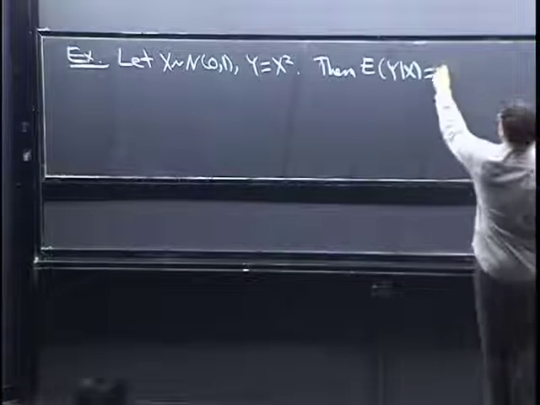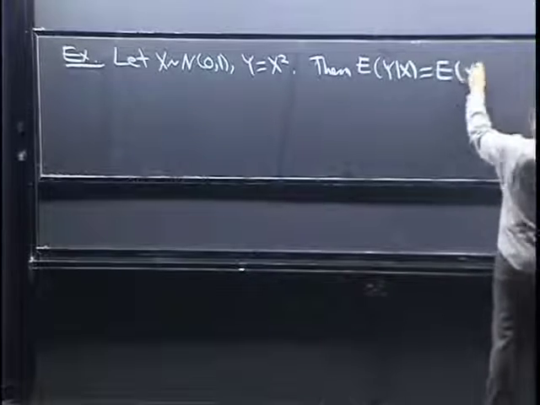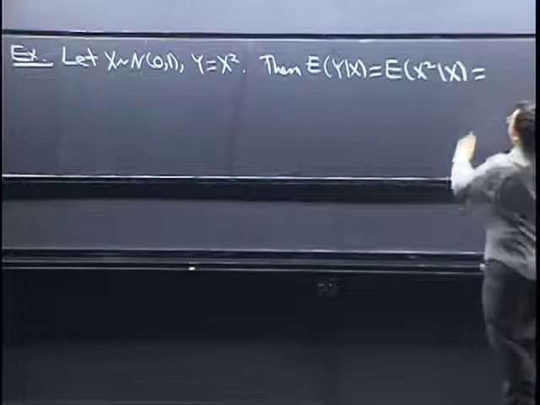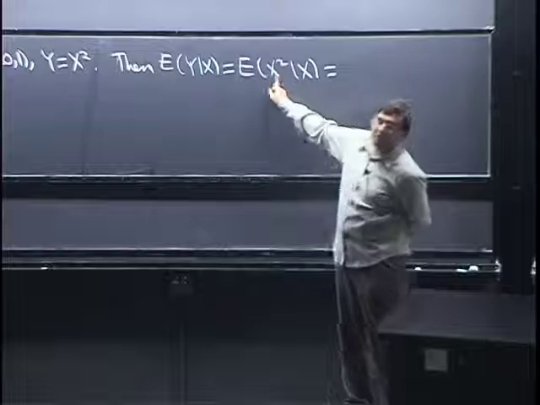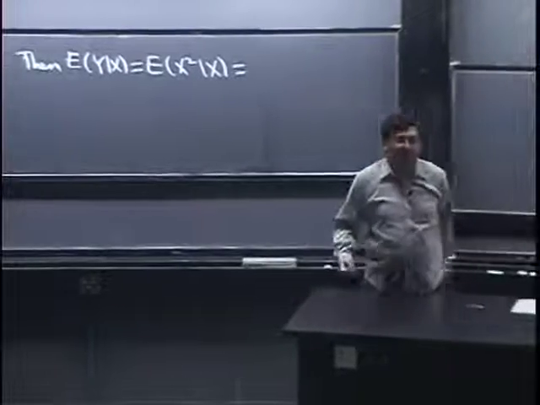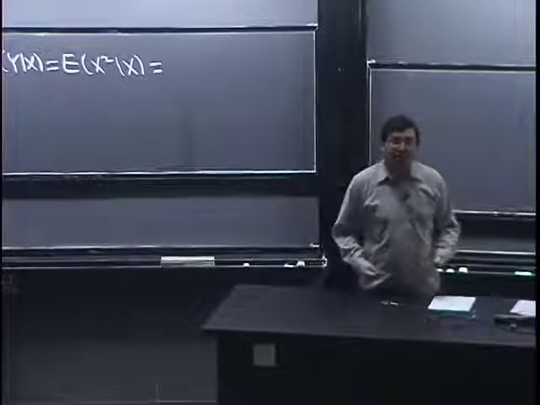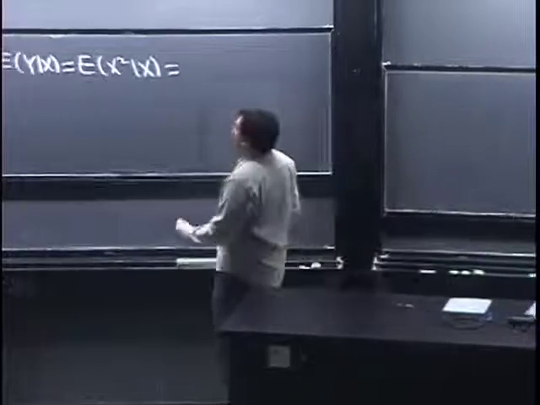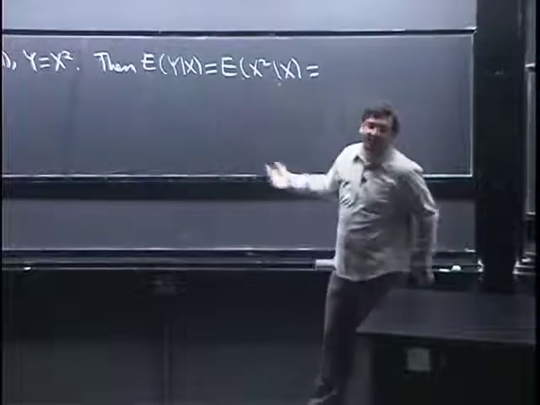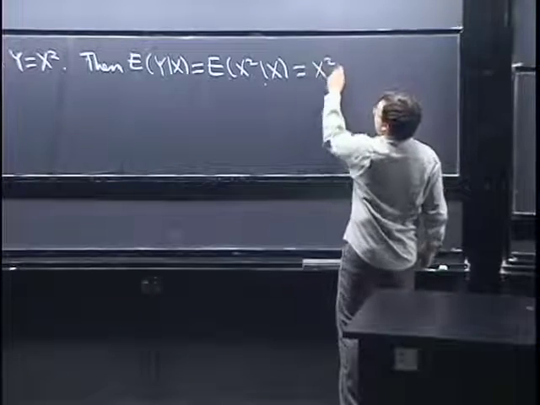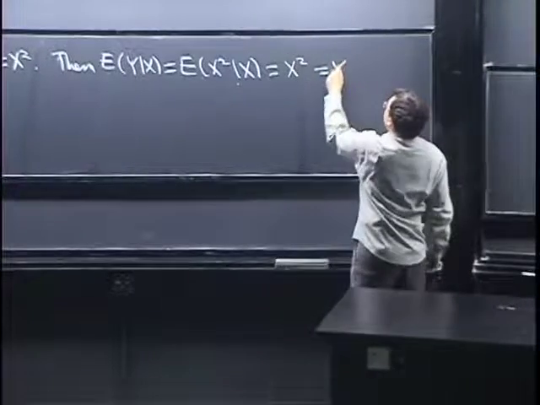E of y given x is e of x squared given x. This notation means we get to treat x as known, and then we try to give our best prediction for x squared. Best is in the sense of minimizing mean squared error. So in a certain sense, it's the best prediction. If we know x, we know x squared, so obviously our best prediction would be x squared, which equals y.